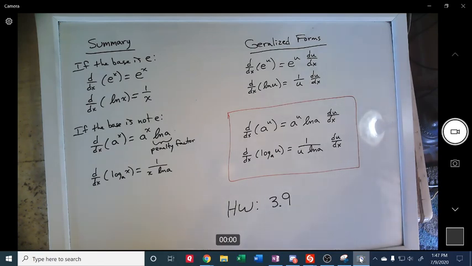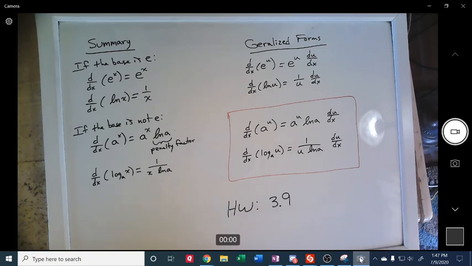Any questions or comments? I do have one question. Yes. On the first rule, on the right side, when you put e to the u power times the derivative of u, is that what it means when you put du divided by dx?